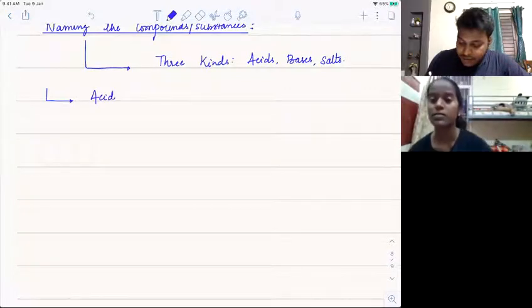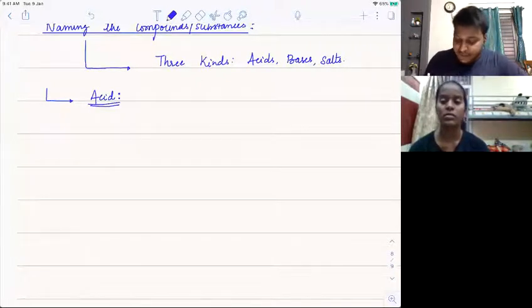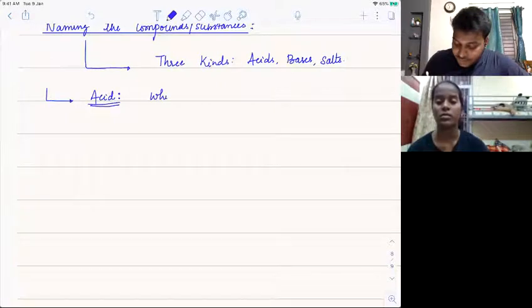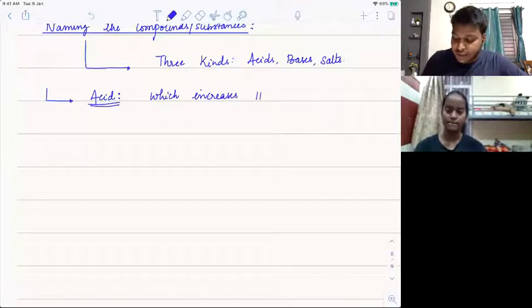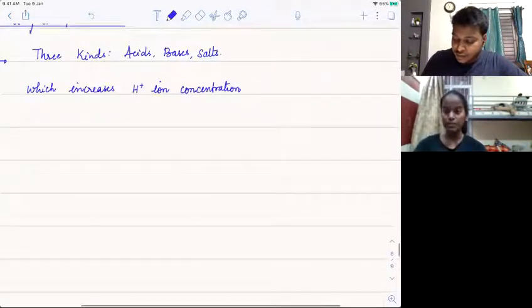So our idea should be about understanding these terminologies. What is an acid? By simple definition, an acid is something which increases the H plus ion concentration in solution.